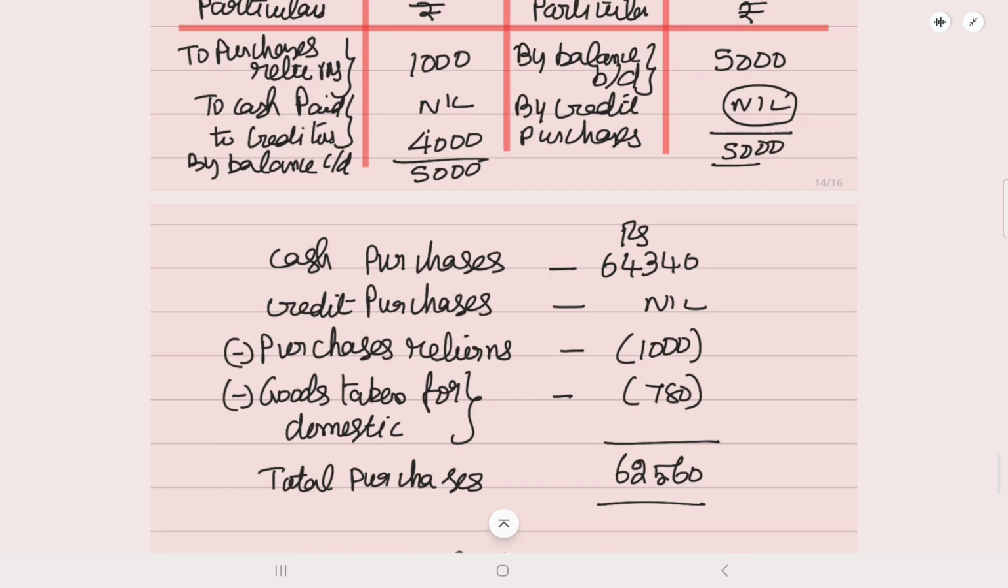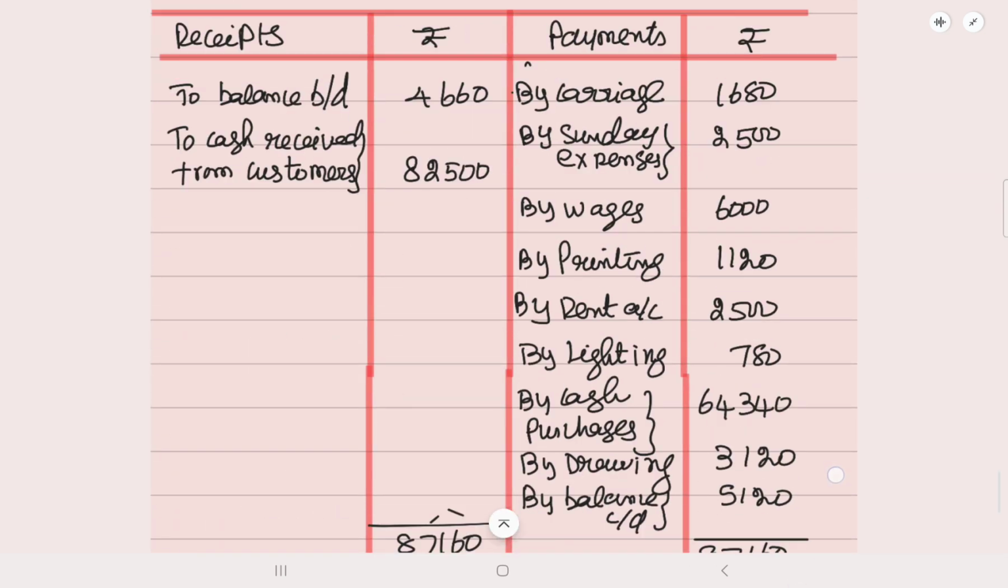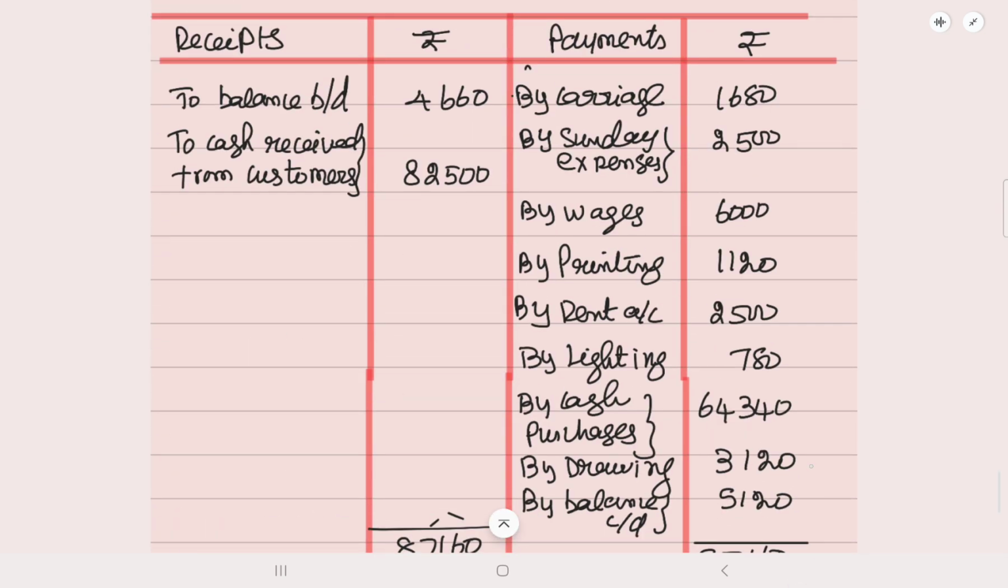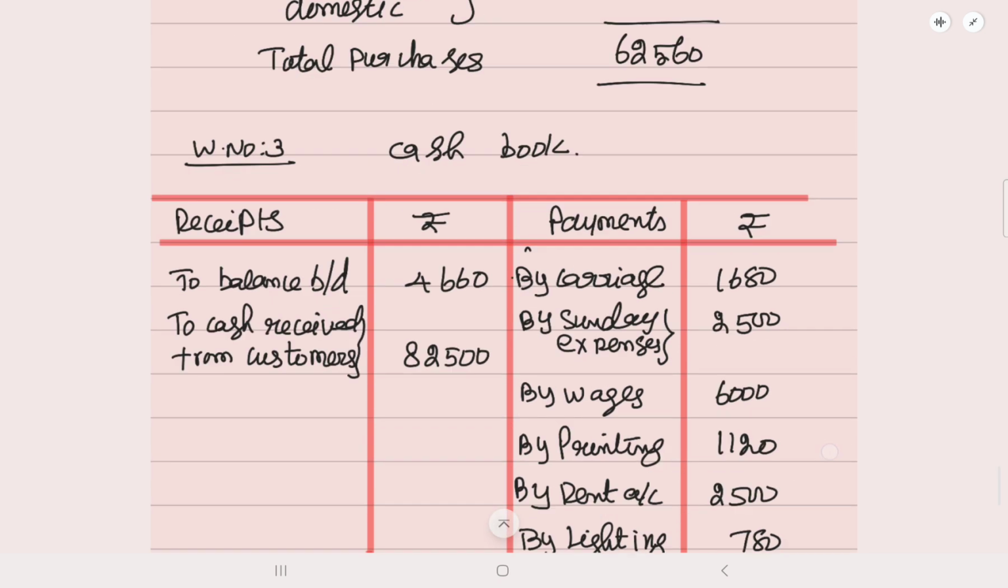Cash withdrawal. See here cash book. Drawings. This one is cash withdrawal. Here cash purchase is also given. These are all expenses. Cash received from customer is also given.